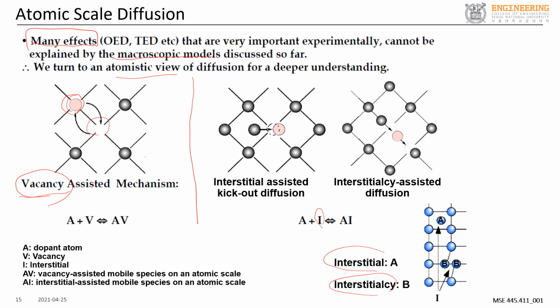If you don't have the vacancy here, let's say there is a silicon here, this dopant has no place to move. So it's very difficult for it to diffuse, but if you have the vacancy here, they can move pretty well. It's almost like a pair of dopant A and the vacancy, and this pair of vacancy and dopant atom can move faster than just the dopant atom without the vacancy. So this is called the vacancy assisted mechanism.